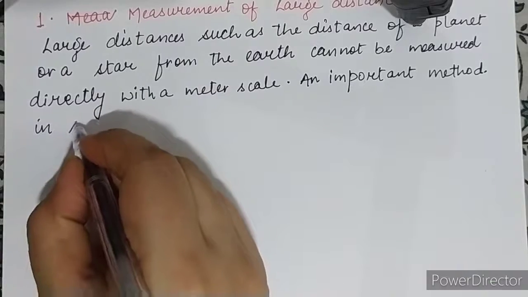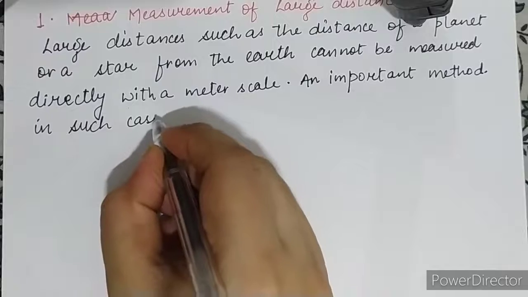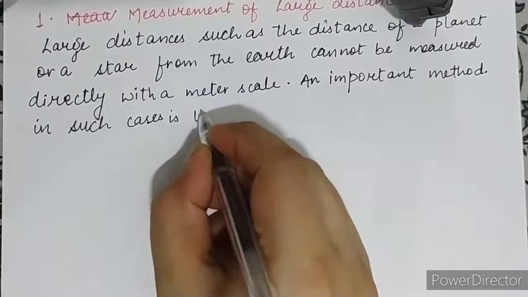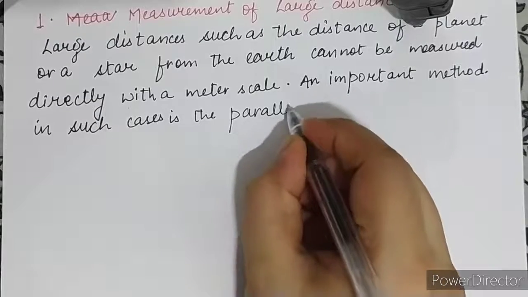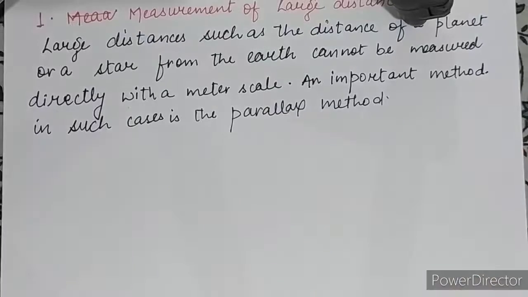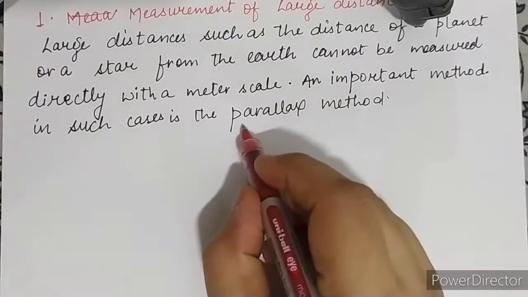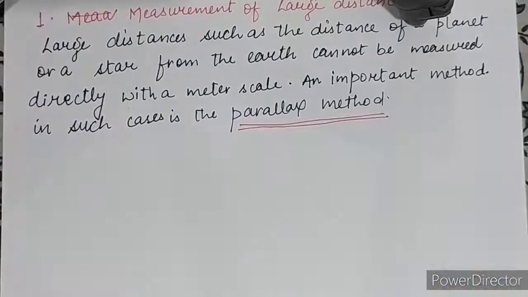An important method in such cases is the parallax method. Okay, so we can say that the parallax method is an indirect method to measure large distances, such as the distance of the planets and the stars from the earth. Okay, clear beta?